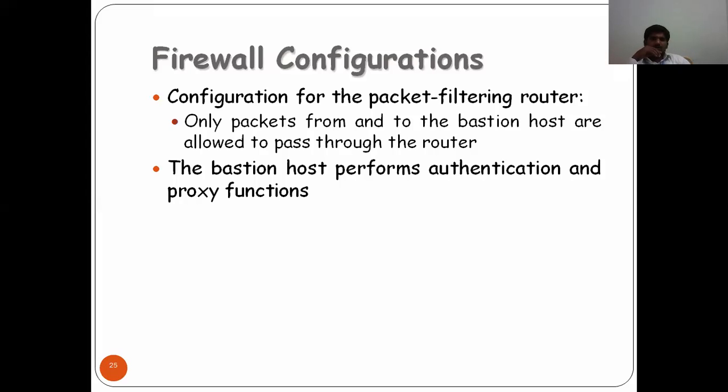We know the router sends and receives through the port number. So through the port number, the router is going to pass the packets, so not everything is checked. The bastion host performs the authentication and the proxy functions.